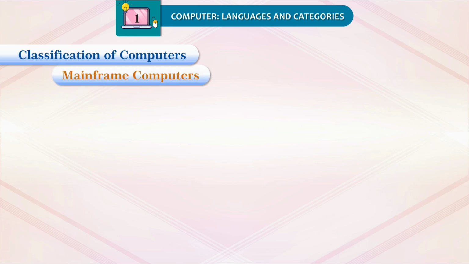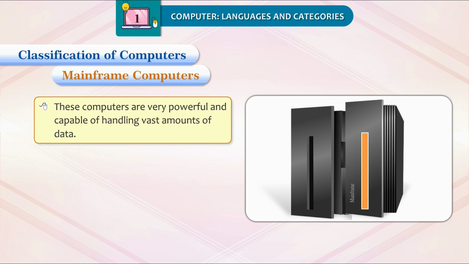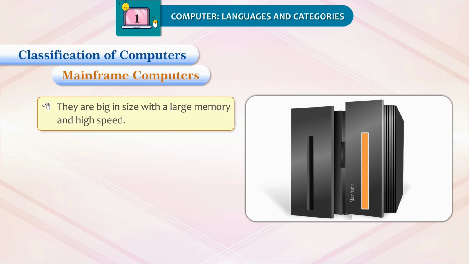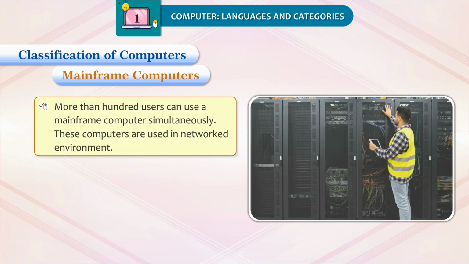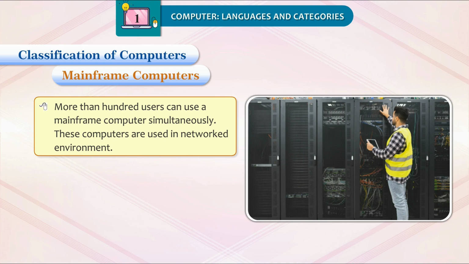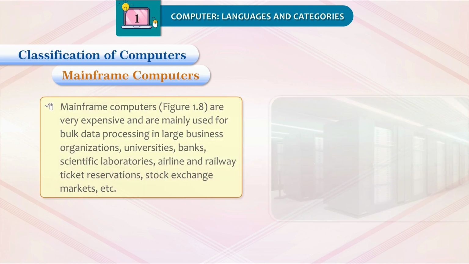Mainframe computers. These computers are very powerful and capable of handling vast amounts of data. They are big in size with a large memory and high speed. They are designed to tackle huge amounts of data. More than 100 users can use a mainframe computer simultaneously. These computers are used in a networked environment.